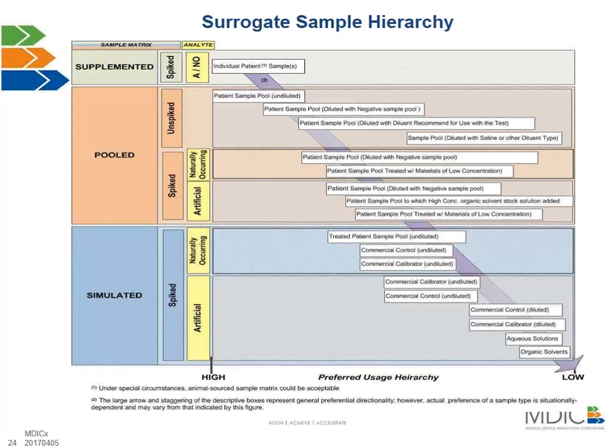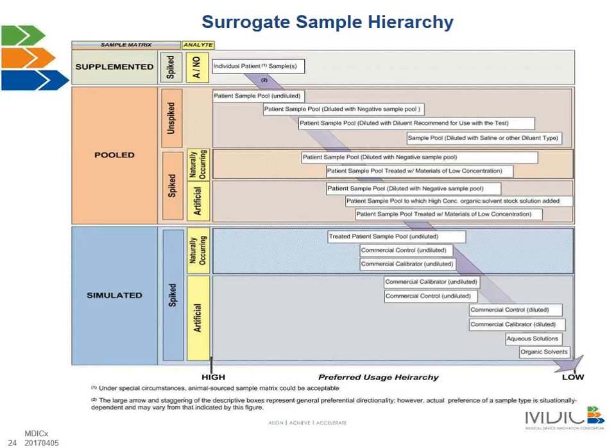The framework contains a surrogate sample hierarchy that is structured around these three categories: supplemented, pooled, and simulated, and accounts for both matrix and analyte. This hierarchy has its origins in the CLSI guideline EP06-A, Evaluation of Linearity, which describes a hierarchy for the preparation of samples used to complete linearity studies.